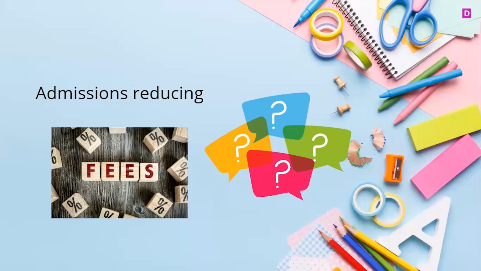the organization needs to spend a lot of time to understand why the admissions went down. To identify that, they will have to look at multiple factors.